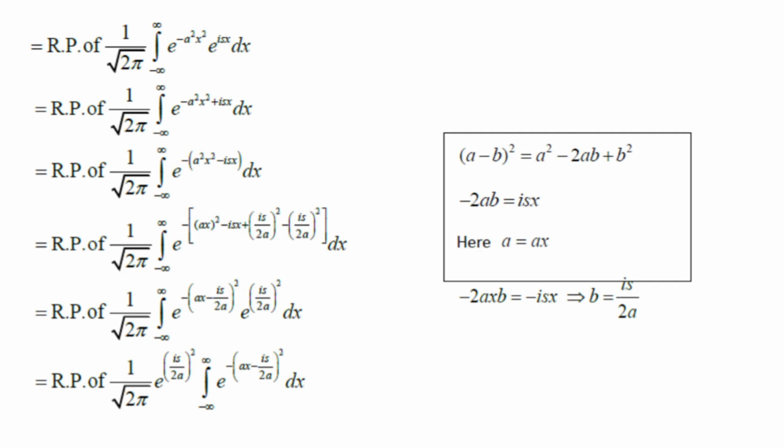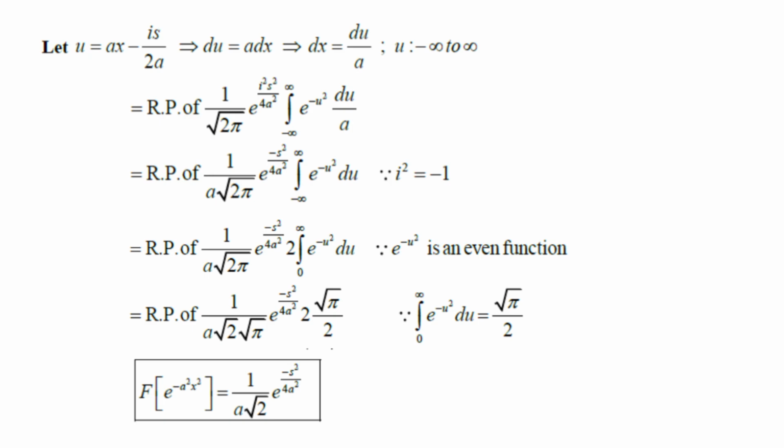The term e power is by 2a the whole square is a constant, so take it outside, and the remaining term is the integral of e power minus of ax minus is by 2a the whole square dx. Let u equal ax minus is by 2a, which implies du equals a into dx, so dx equals du by a, and the limits do not change.